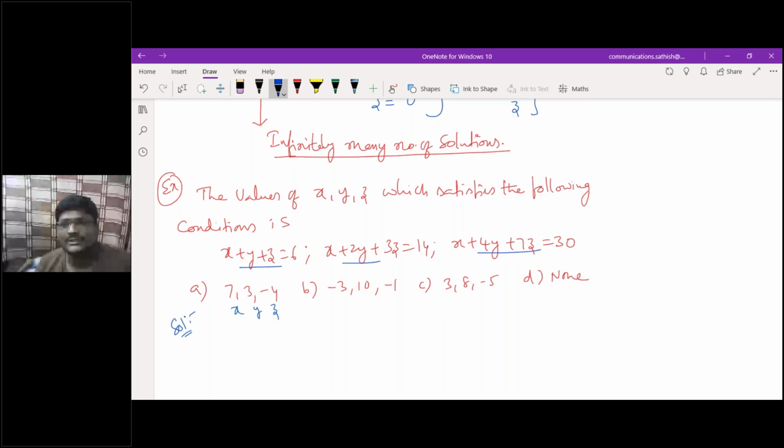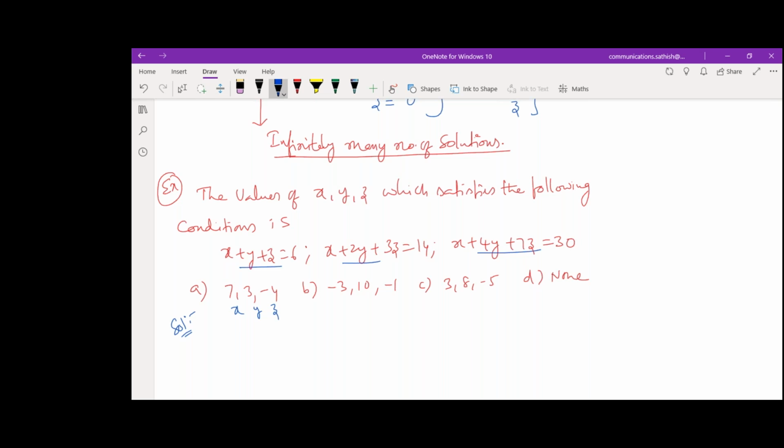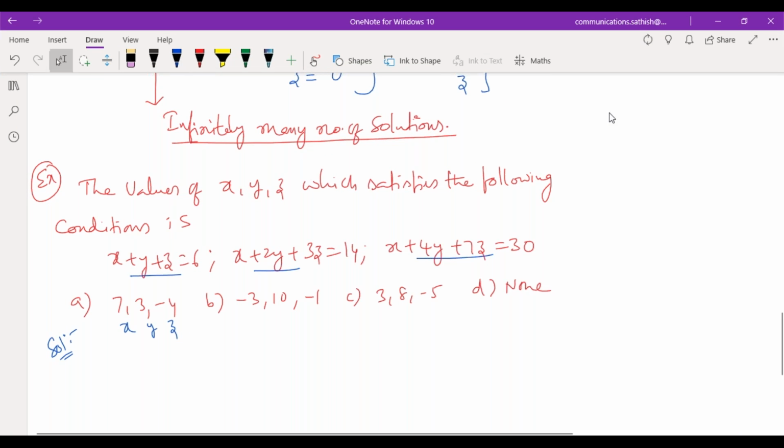Can you check it and give me the answer for that? Which option is satisfying? C, sir. Check it properly. Yes, sir, C. It's a wrong answer.